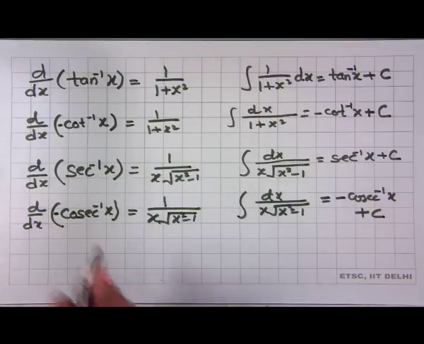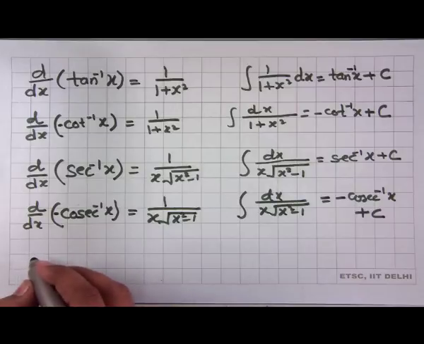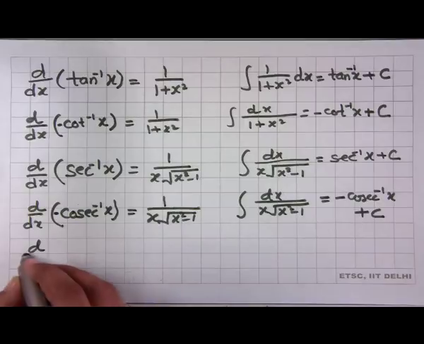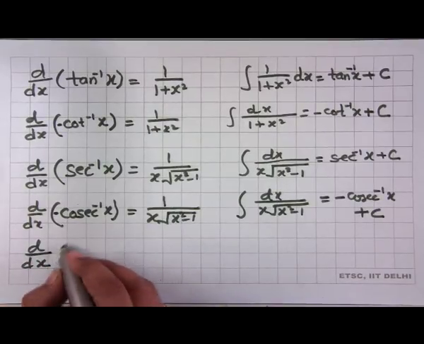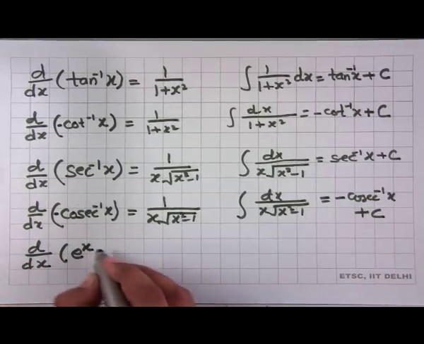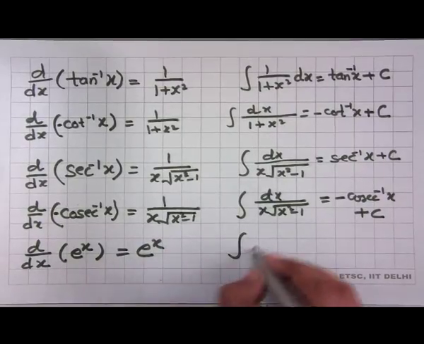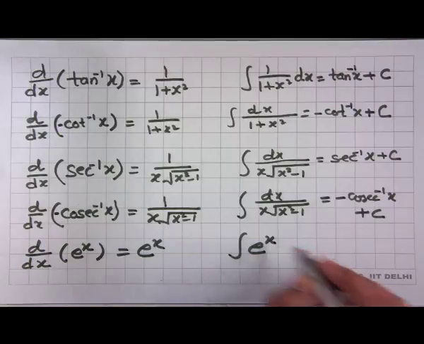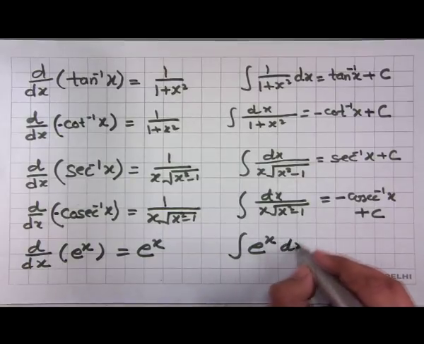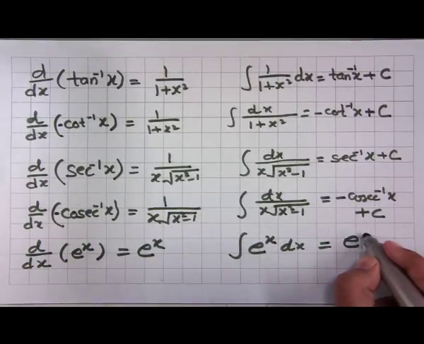So, with trigonometric and inverse trigonometric function, we have the relationship of logarithmic and exponential function. We have the knowledge of d by dx of e raised to power x as e raised to power x, which gives us the exponential of x integral dx same as e raised to power x.